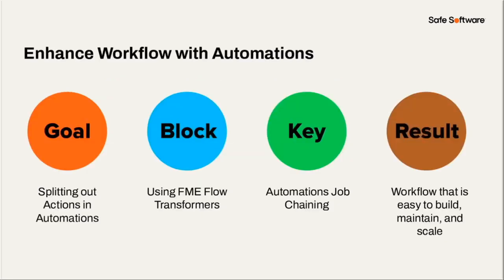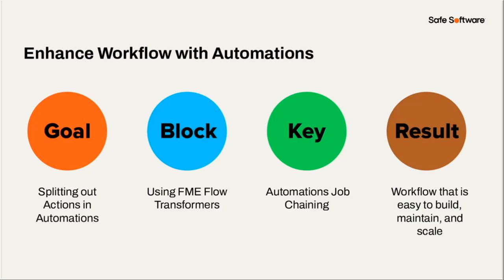So yeah, we will go into the next demo here, probably the last one for today, and we're looking at enhancing our workflows with automations. The goal is to split out actions in automations, so having more workspaces in your automation to build out, and updating your current workflows, maybe for those that are using FME Flow job submitters.